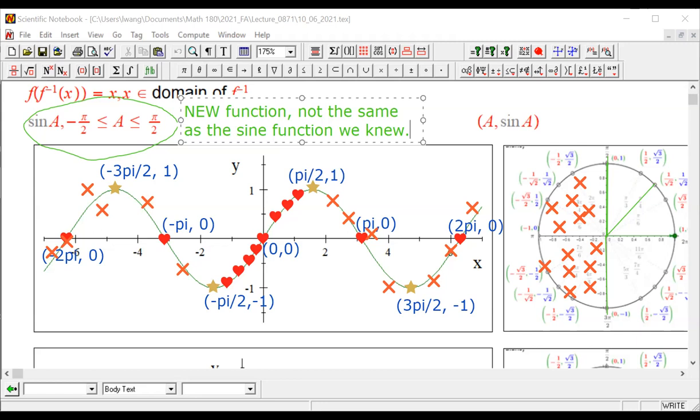Well, every time the sine function is mentioned to you, it is meant to be the function we used to know, unless otherwise specified. Because whoever talks about the sine function without specifying the domain always refers to the sine function that's defined over the entire number line.